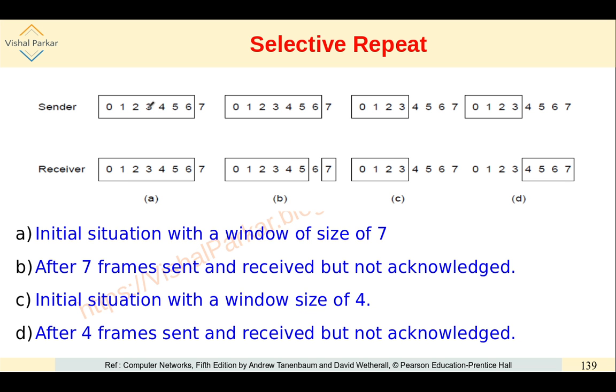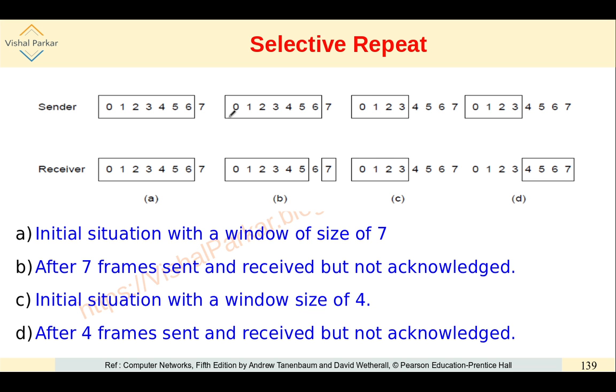As can be seen in the diagram, the first row is the sender and the second row is the receiver. The sender's window size is 7, as it was 3-bit, 0 through 6. Correspondingly, the receiver was also waiting for the 7 frames, 0 through 6.